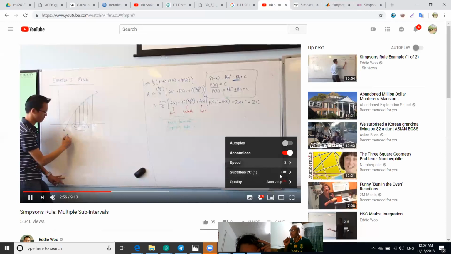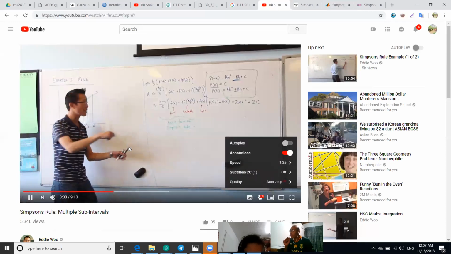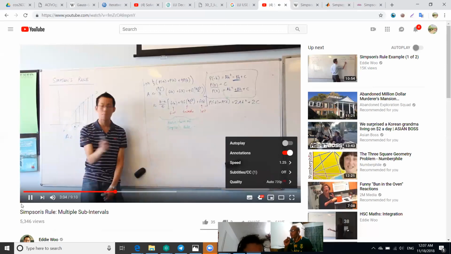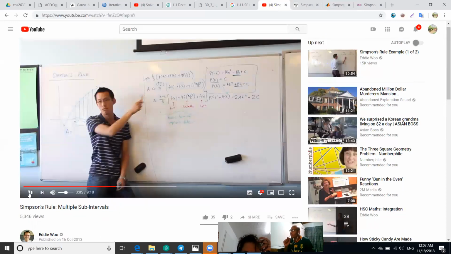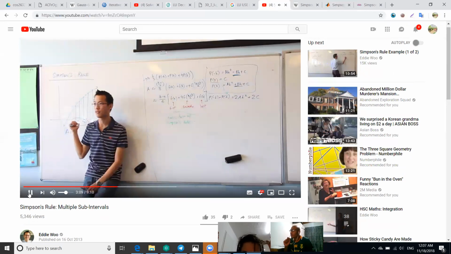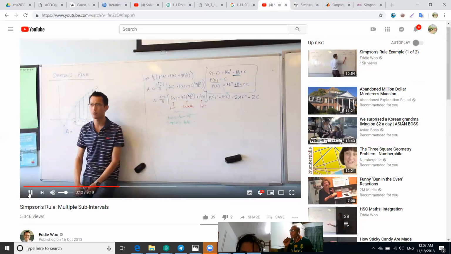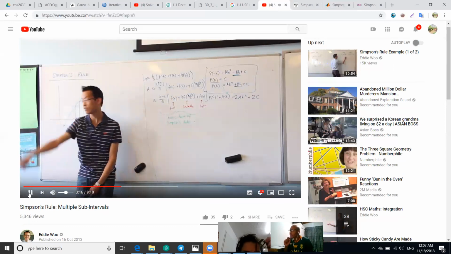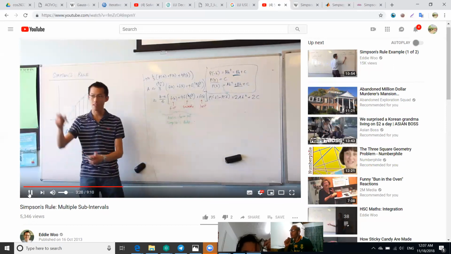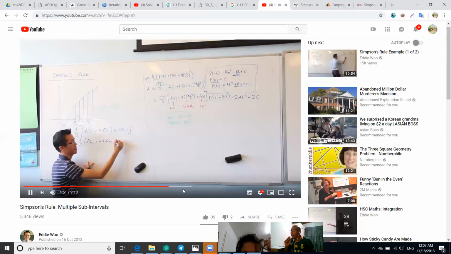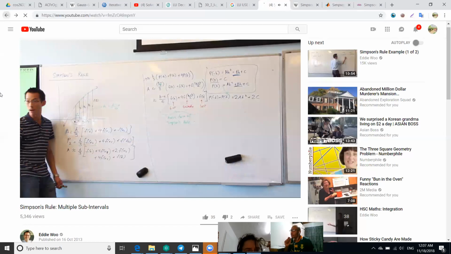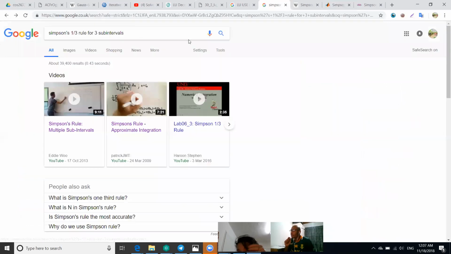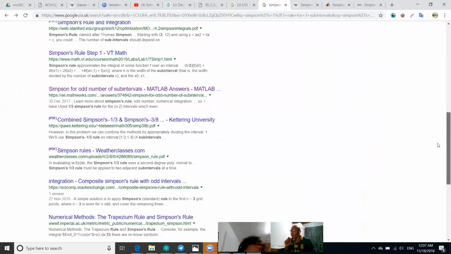Slow down a bit. Are we on the odd? I don't know. You do something about half of it being Simpson's rule and the other half 1/3 rule, the other half being 3/8 rule. Okay, wow.